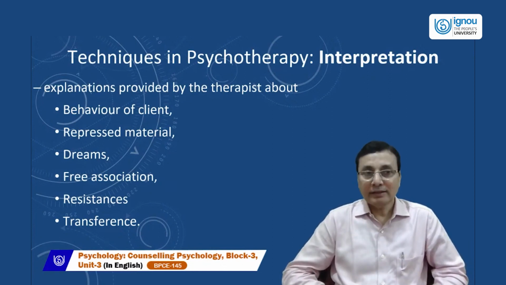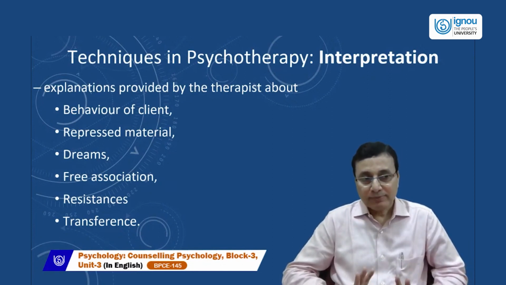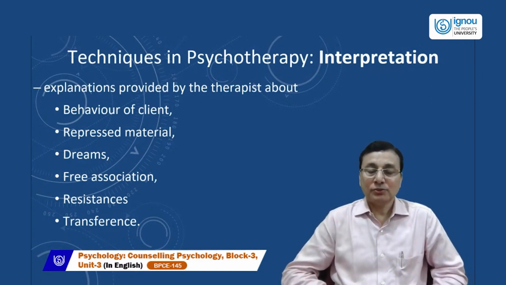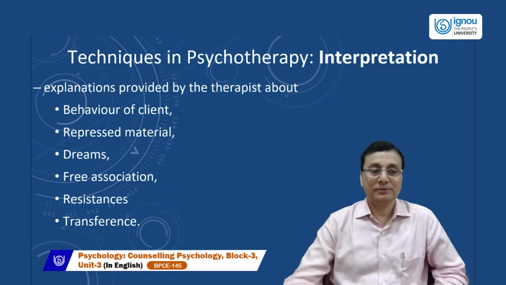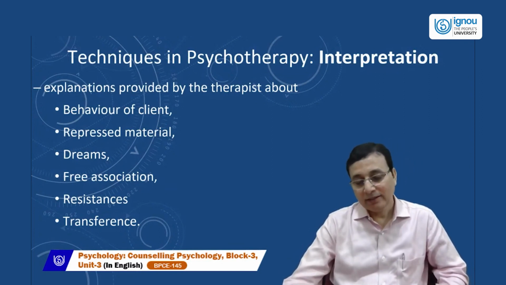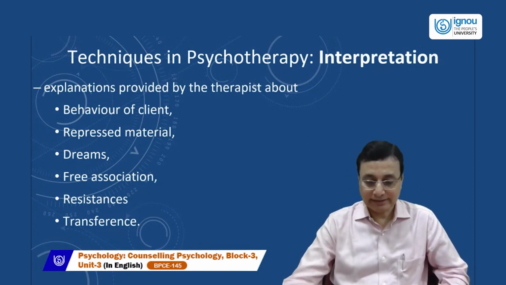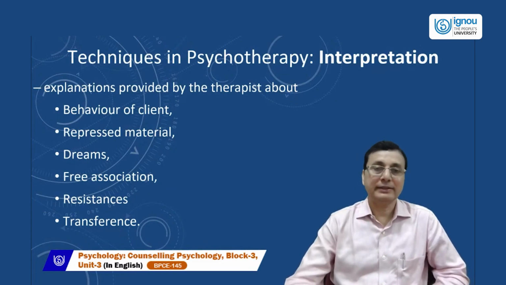Then interpretation of the resistances. Because it is long-term therapy, most of the time resistance is seen in the therapy. And transference: basically, transference is positive or negative emotions projected on the therapist by the client.